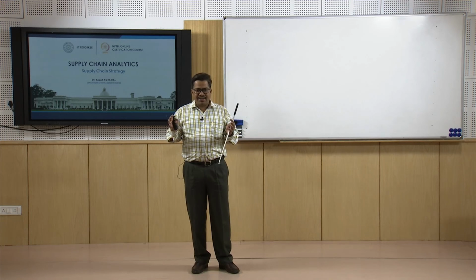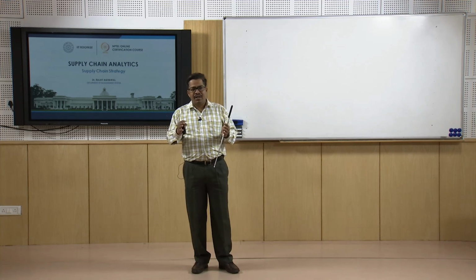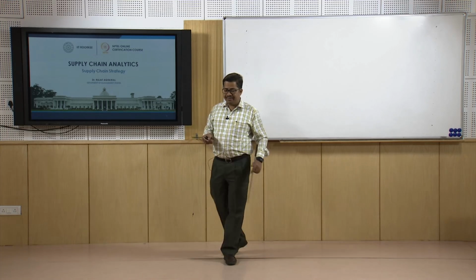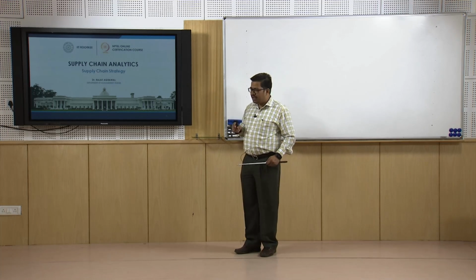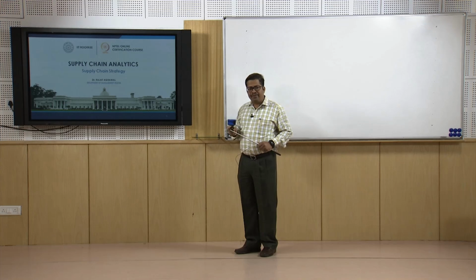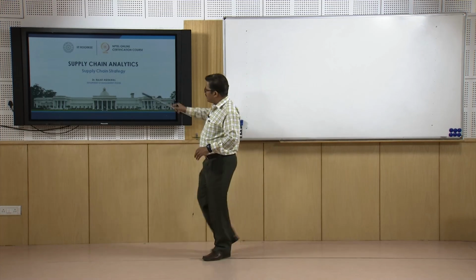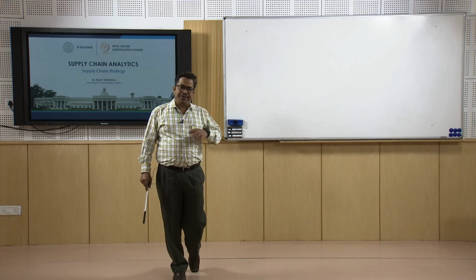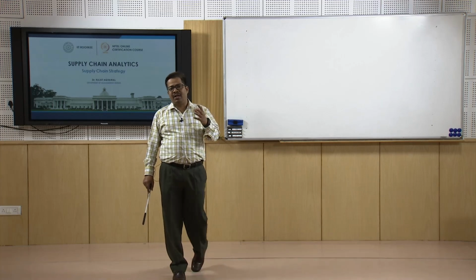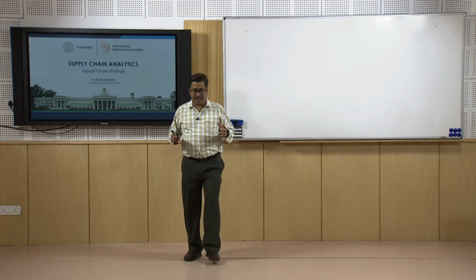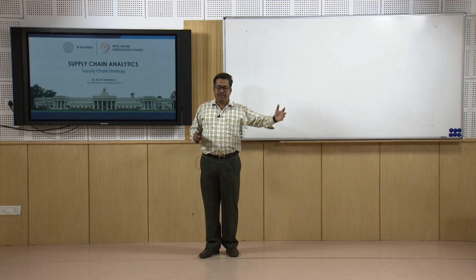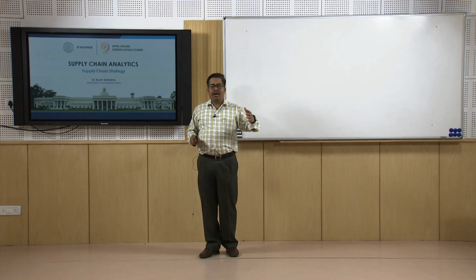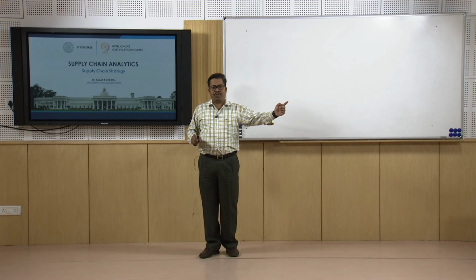If these strategies are not in line with each other, the competitive strategy of the organization probably cannot be achieved. Now, particularly in this course, we are focusing more on the supply chain strategy, what the supply chain strategy is and how we should develop, with the help of data, a robust supply chain strategy which can fulfil the supply chain capabilities, and those capabilities are in line with the customer requirements.